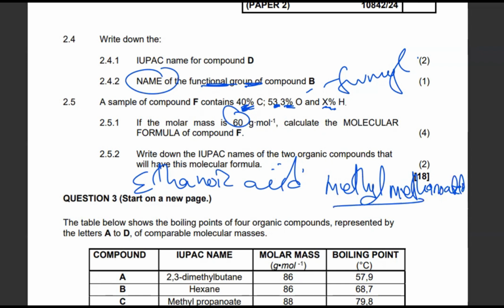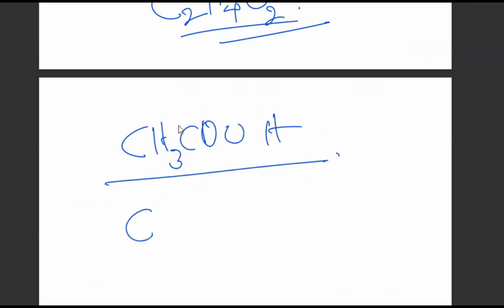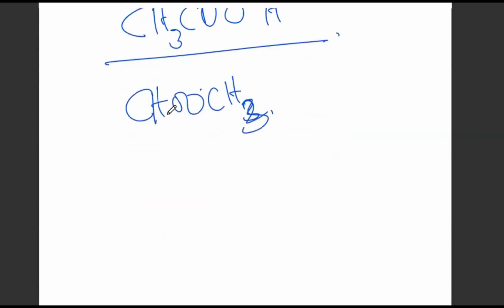So basically, this is what I'm saying. It's going to be CH3COO, yeah, that is ethanoic acid, and then methyl. It's going to be CH2, CH3? Okay, let me write it here and then I see.